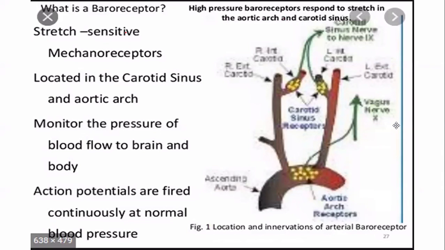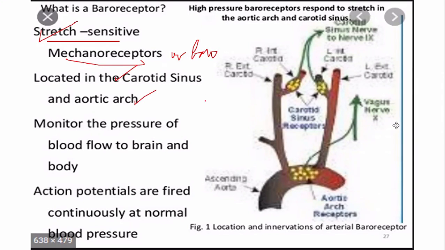Stretch sensitive mechanoreceptors or baroreceptors are located in the carotid sinus and aortic arch. They monitor the pressure of blood flow to the brain and body, acting to maintain normal blood pressure.